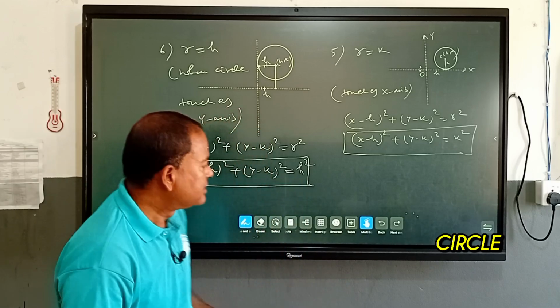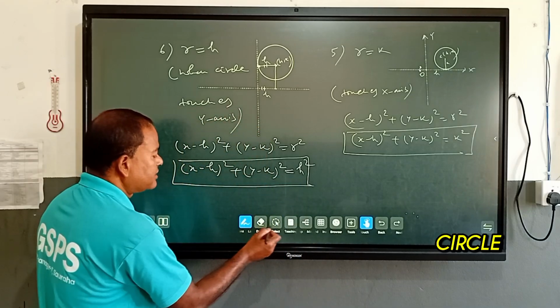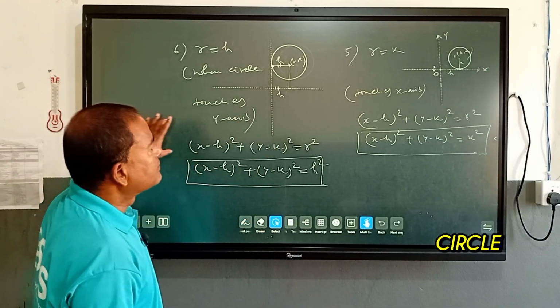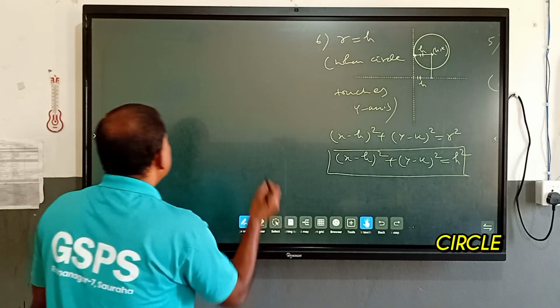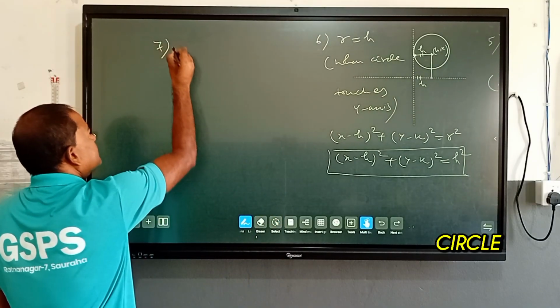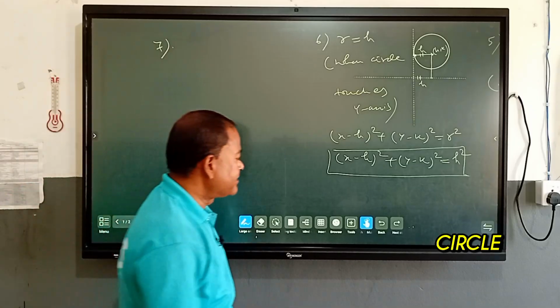So dear students, now let us discuss when a circle touches both axes, then how to find the equation of a circle. So number 7. Let's make a diagram at first.